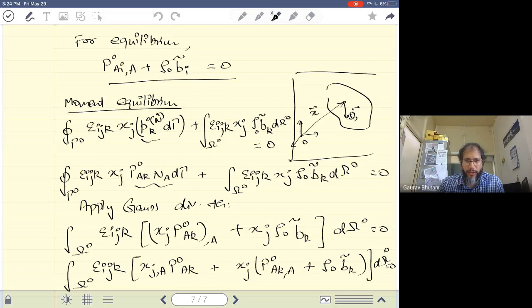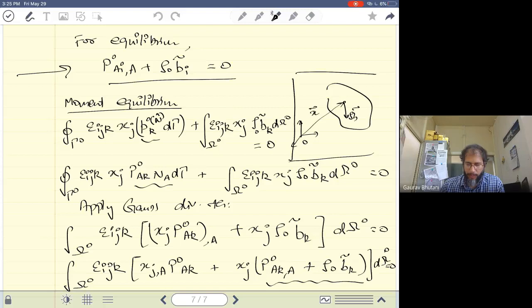Right, so what we can see now is this term in the parentheses, which is P naught AK comma A plus rho naught BK, that is nothing but the equation we have on the top. Instead of K, we have an I, but K is a repeated index. So this term is zero because of force equilibrium.